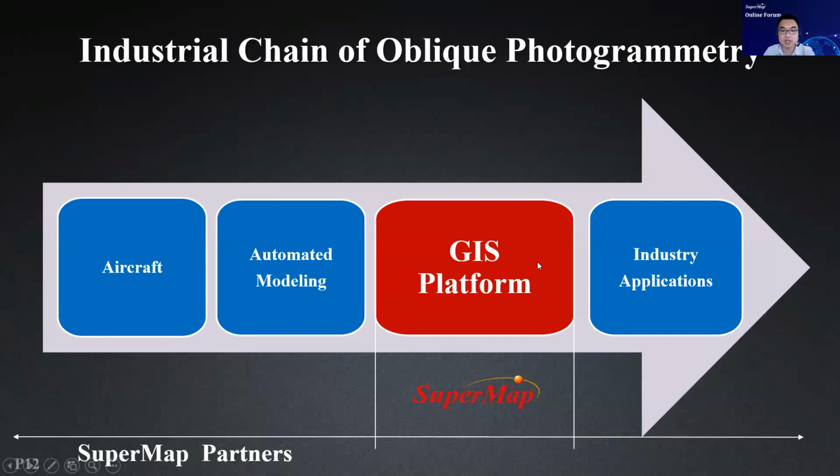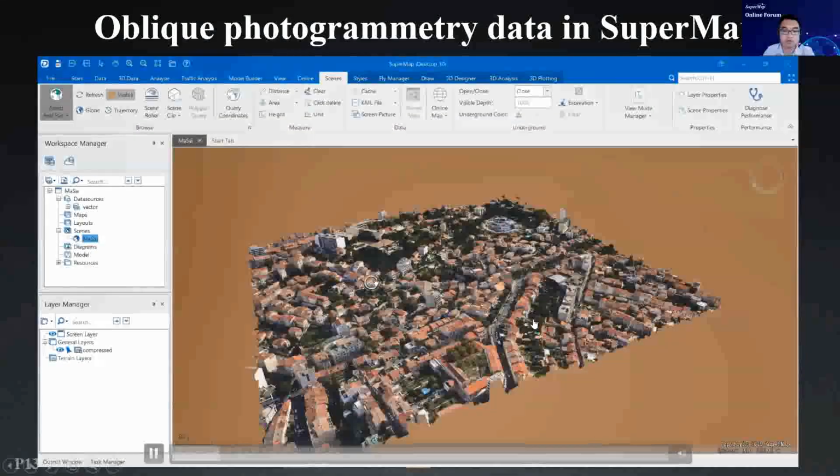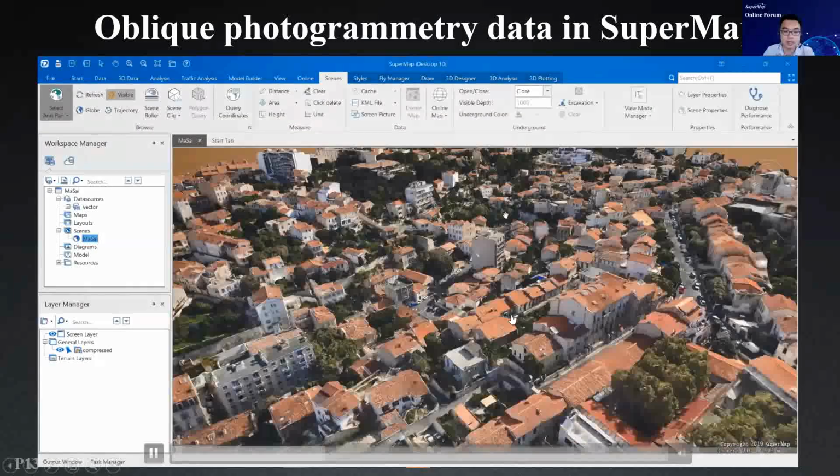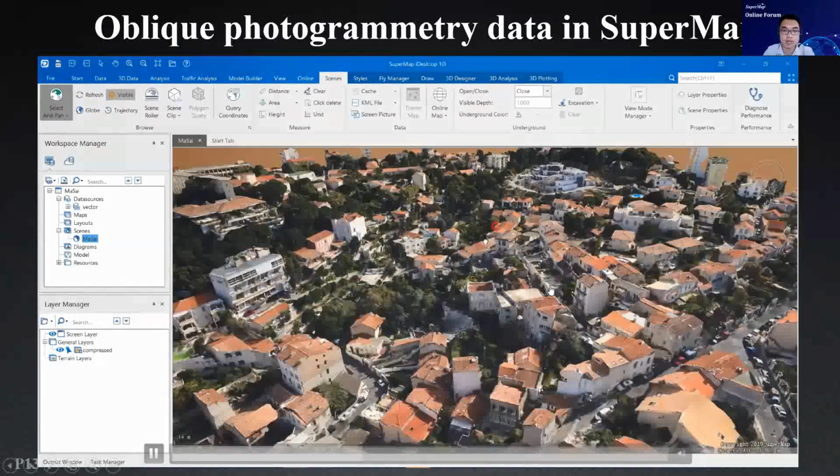After that, our partners can also use our GIS platform to build applications in different industries, like smart city, urban planning, and security monitoring. You can see this is one of the effects. We load the optical photogrammetry data in the SuperMap platform.